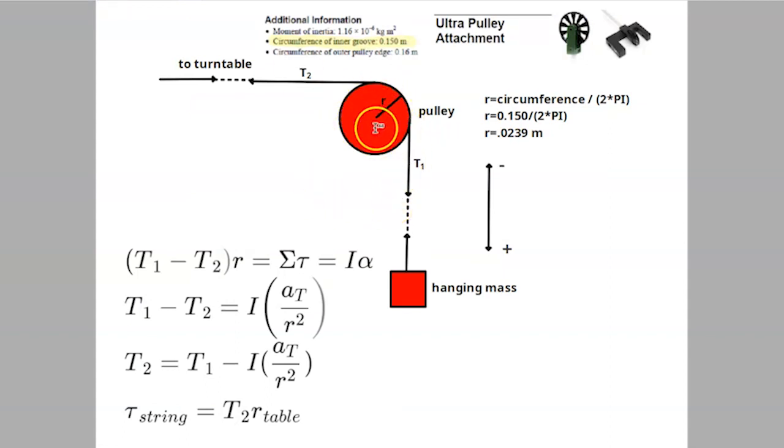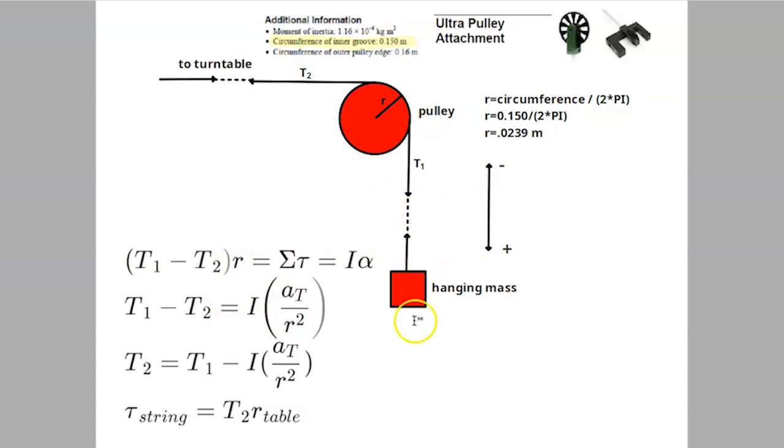But if we include the inertia of the pulley, that means this T2 is going to be just a tiny bit less than T1. And T2, of course, is the tension that is producing the torque on the turntable. So if we use the value of T1 instead of T2, we are going to get a slightly different value for the torque. So let's analyze this situation here.